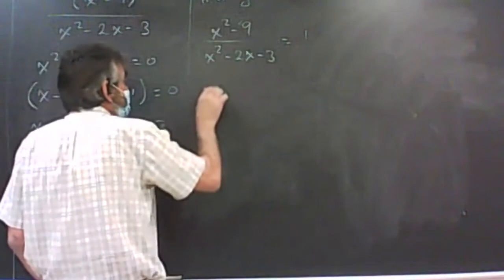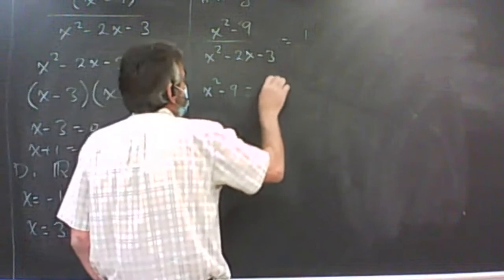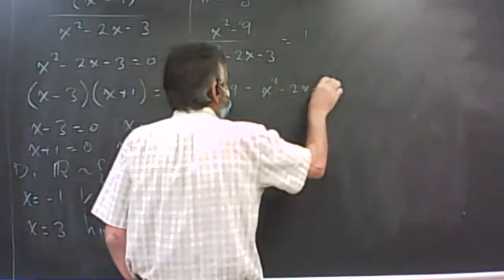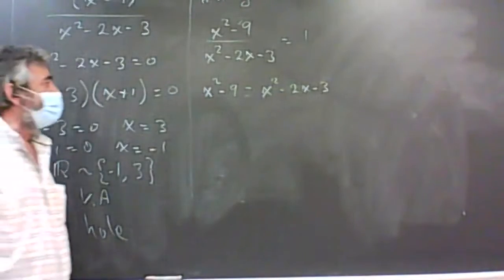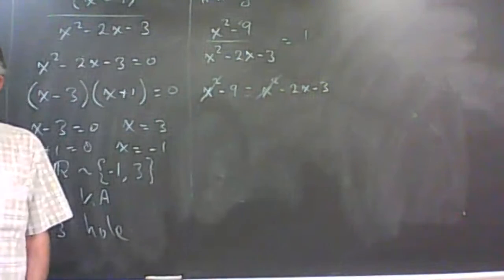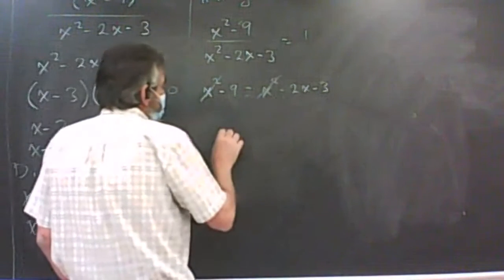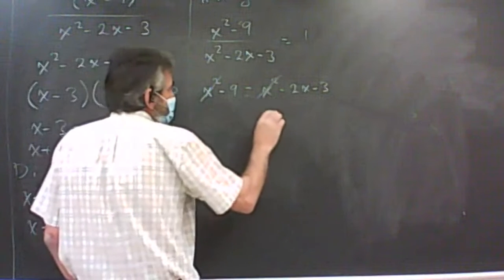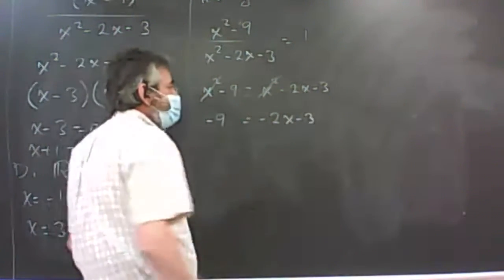Let's cross multiply. So x squared minus 9 equals x squared minus 2x minus 3. Done? So what happened with those x squared on both sides? They cancel, right? So now what do I have? Minus 2x minus 3 equals negative 9.